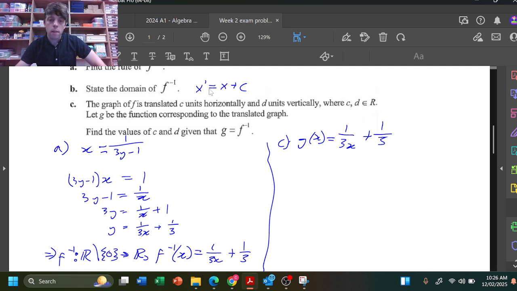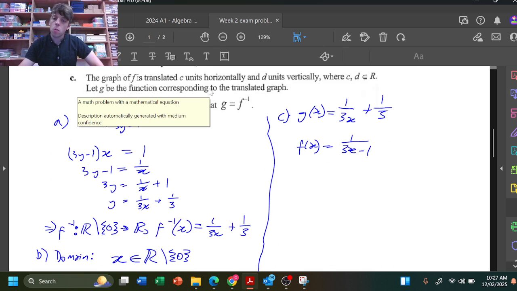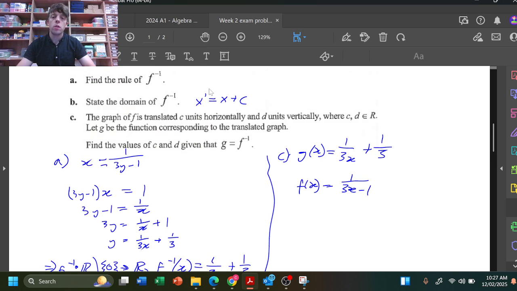So that means what we have here, the graph of f of x, is equal to 1 over 3x minus 1, right? 1 over 3x minus 1 from the original question just up there. So what's happening here is we're going to take the x from that expression and we want to write it with the new x. So how can we do that? Well, we can take that x and we can rearrange this formula here.